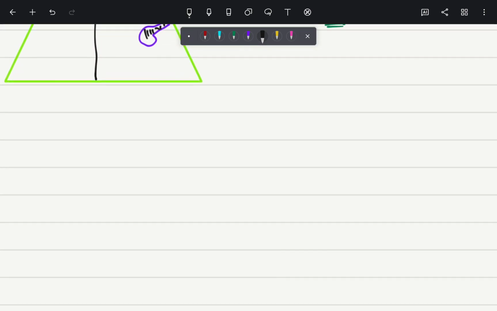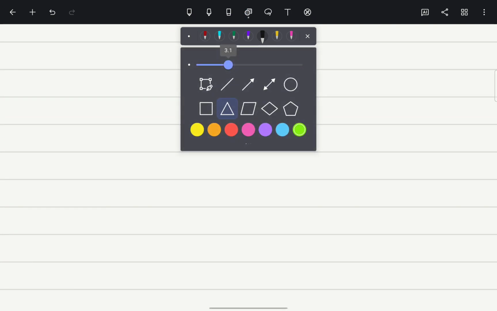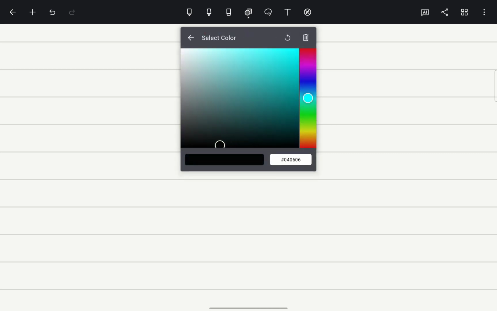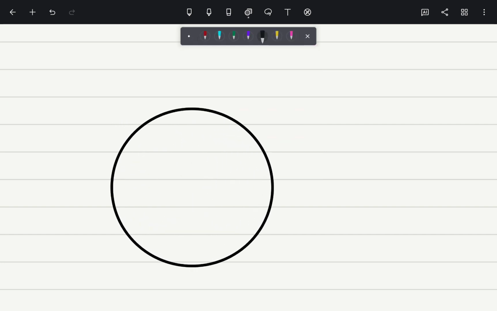Okay, so now I'm going to draw a circle here. Let me draw with the black color. Okay, so here is your external nose, the nasal opening.